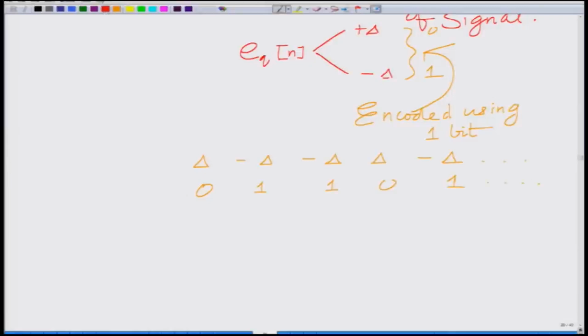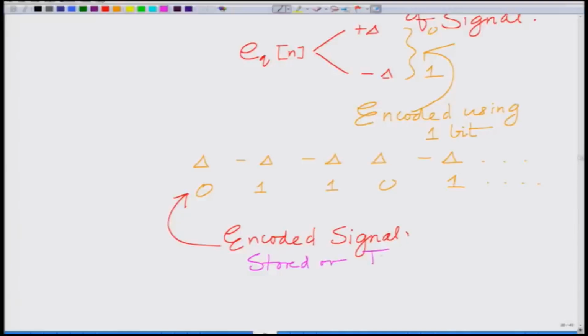This is the encoded signal, and this encoded signal is either stored, if you have a storage device, or transmitted.